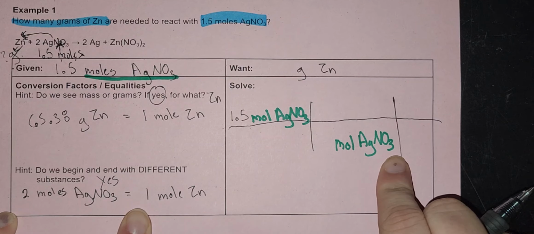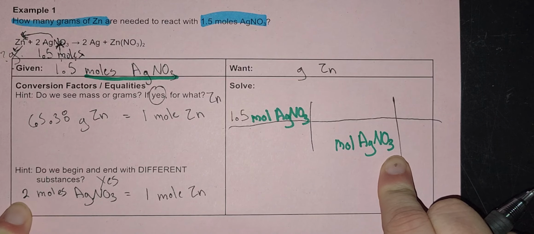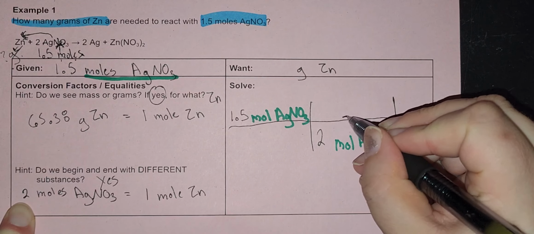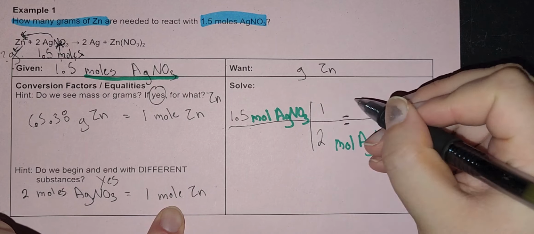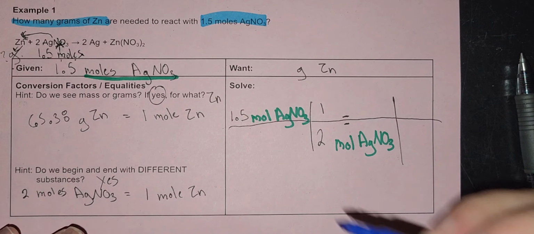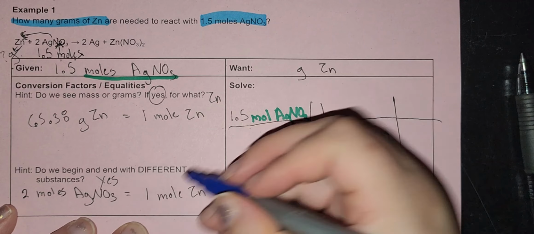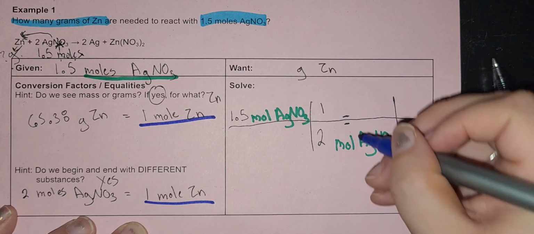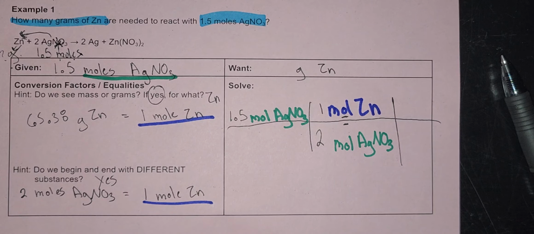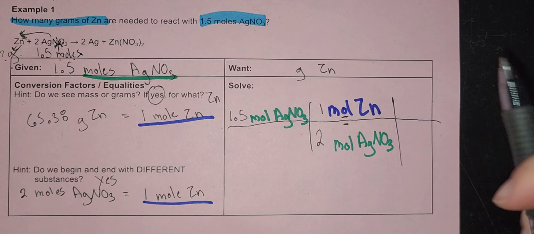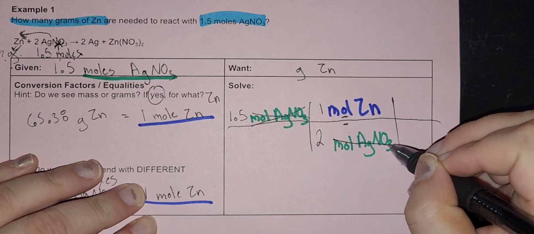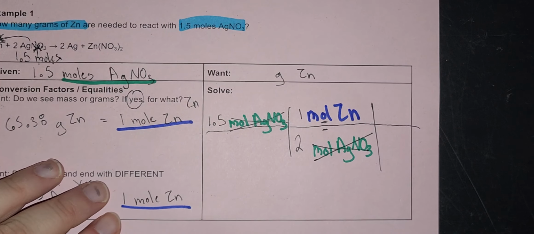So moles of silver nitrate, I have 2 of them. Whatever this is equal to is going to go on top, and I'm going to use blue for those moles of zinc. So now we can see we have moles of silver nitrate on the top and on the bottom, so I'm just going to cancel that unit.